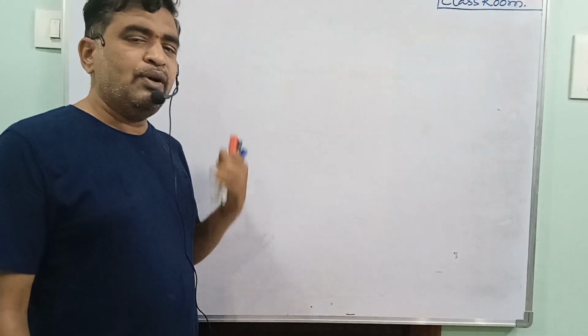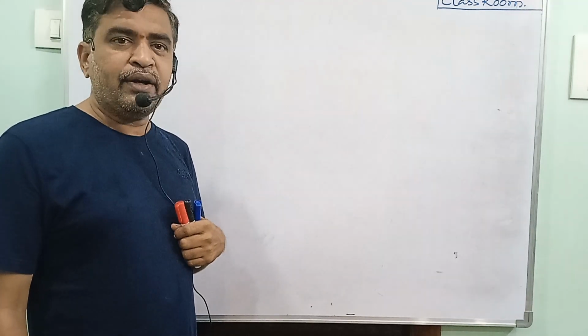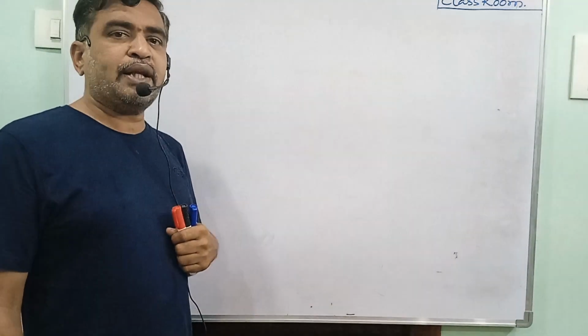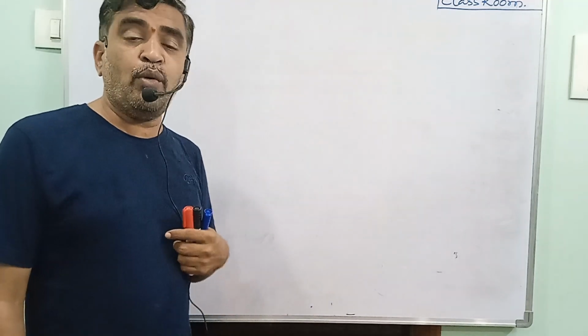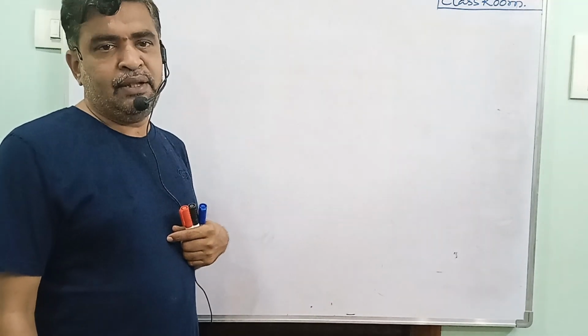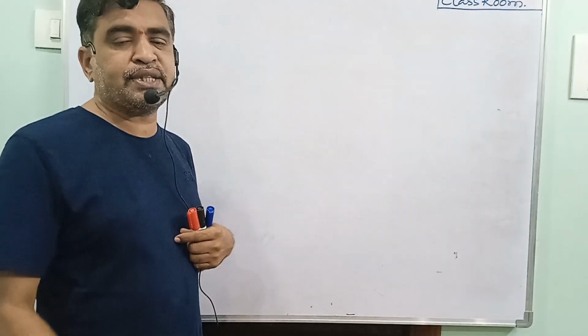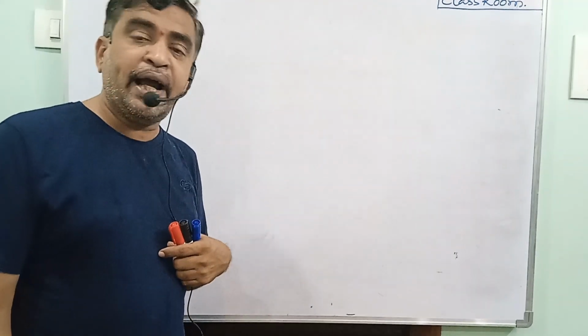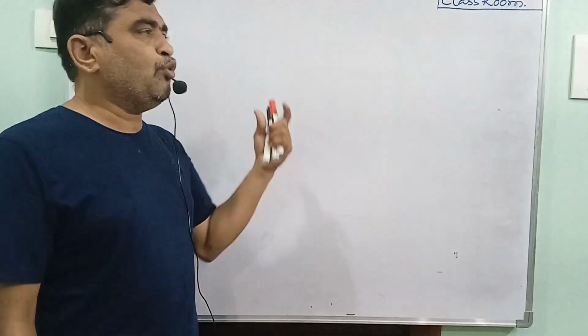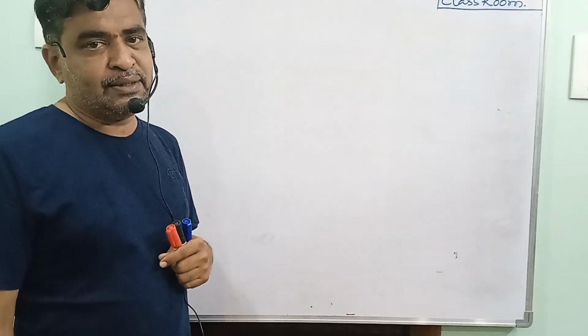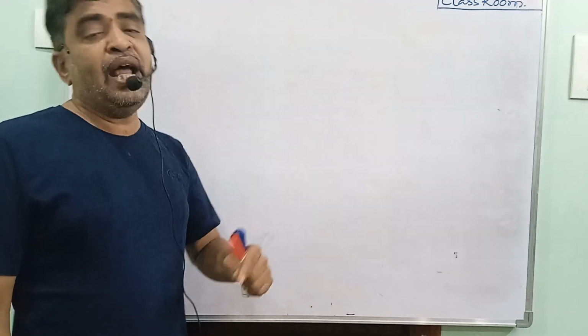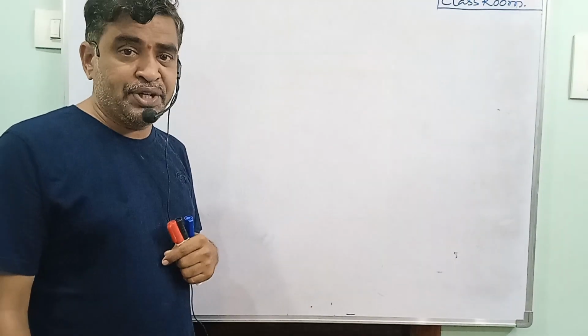So what are we discussing today? In the previous video we discussed redox reactions, the combination of reduction and oxidation. When you want to form a salt, there should be two reactions: one is cation formation and the other is anion formation.